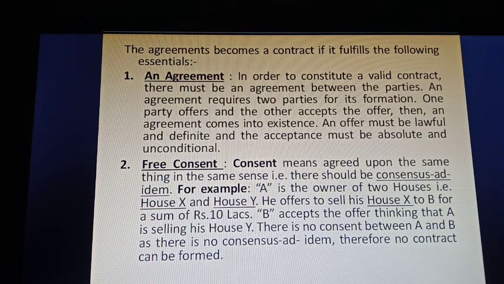He is not selling his house Y. He is giving the offer to sell his house X, not the house Y. In this case, there is no consent between A and B, as there is no consensus ad idem. That means to say they did not agree upon the same thing in the same sense. So no contract can be formed in this case.